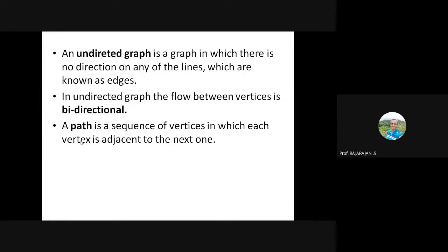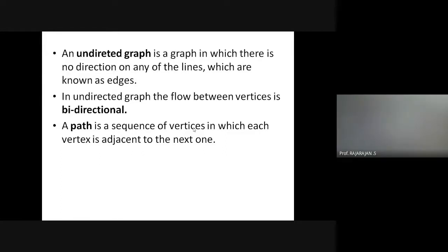For example, I go from A to C, then C to E, then C to X, and then Z. So this is a path. The sequence of vertices followed to reach from a source to a destination is called a path.